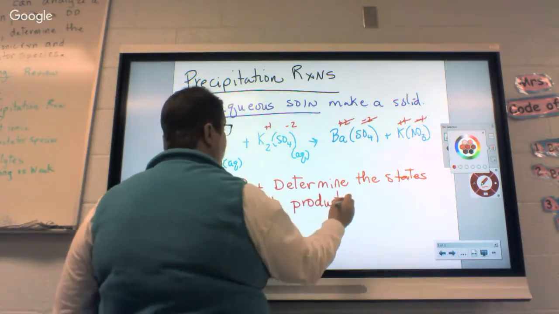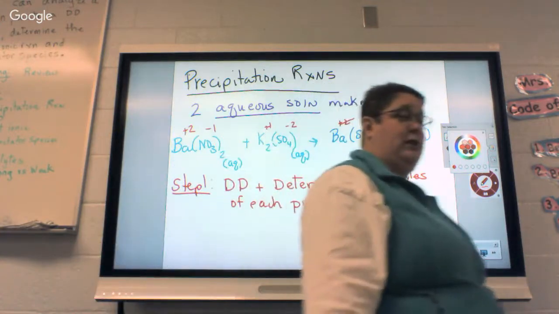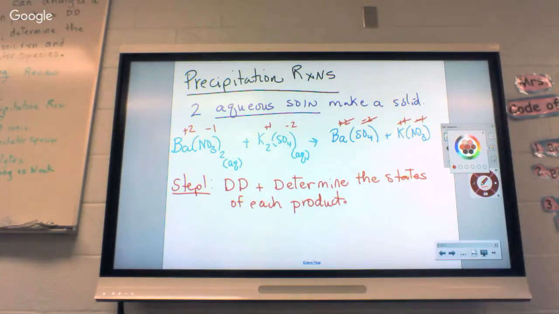And if you remember, I told you you're in a first year class. So in a first year class, each product, one will be a solid and one will be an aqueous. You remember what I said? Okay. All right, because in a first year class, one will be a solid and one will be an aqueous.